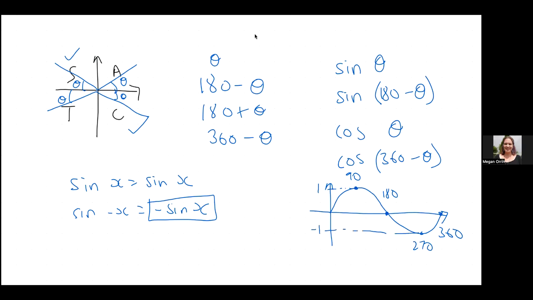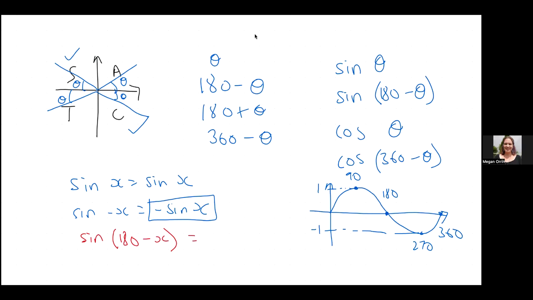So if I tell you that I want sine of 180 minus x, now I want to rewrite this in terms of sine x, so I need to get rid of my letters. What I'm actually looking for is an equivalent value. If I said sine of 180 minus x, based on our rules, think about what's going on here. I'm talking about this one here, aren't I? 180 minus x.